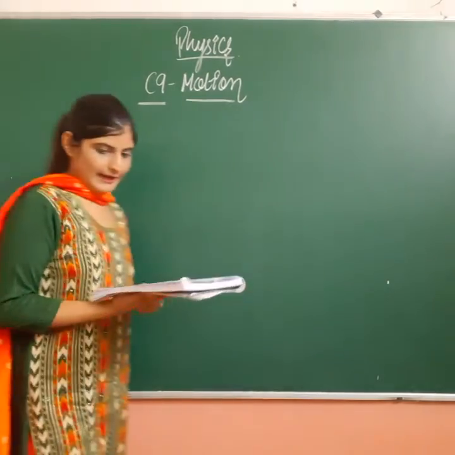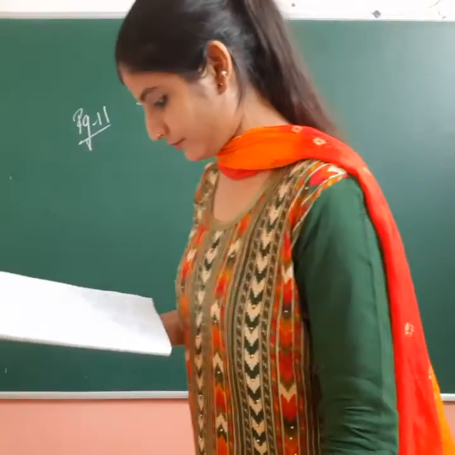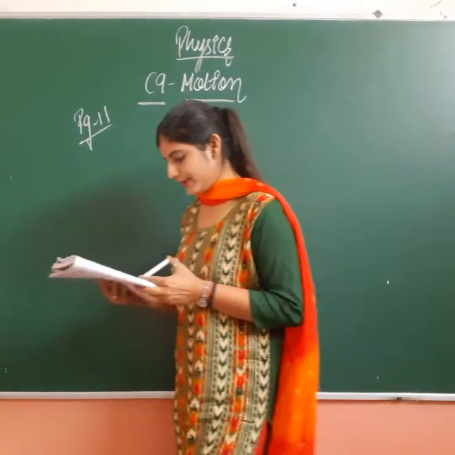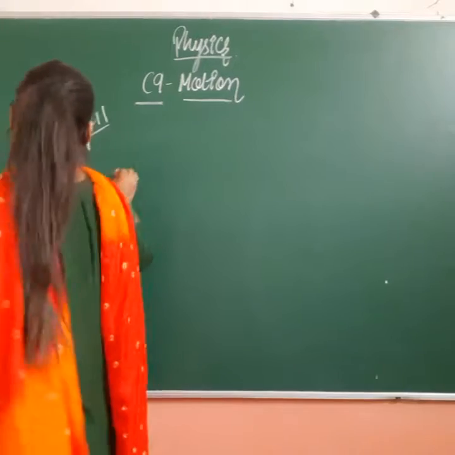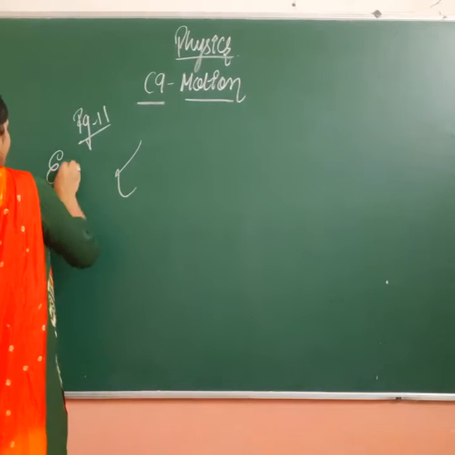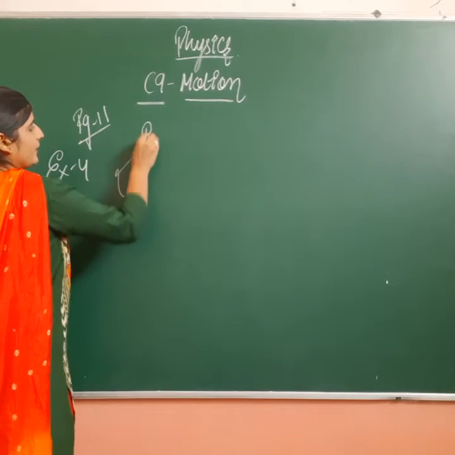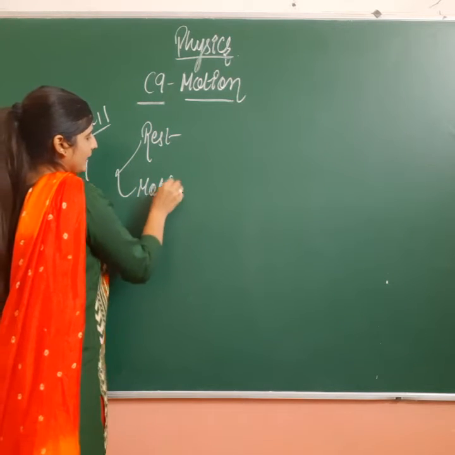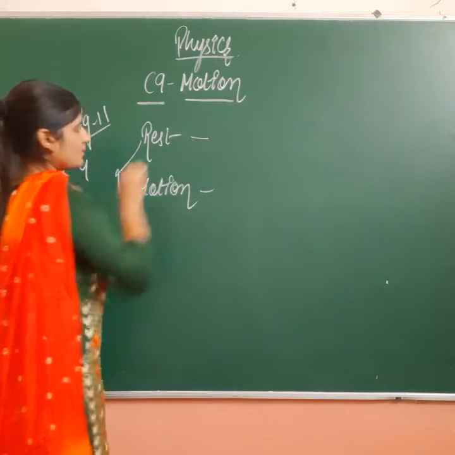Now we can see that if we talk about example 4, give an example where you can show the 2 states. First of all, there are 2 states. First is of rest and the other one is of motion.